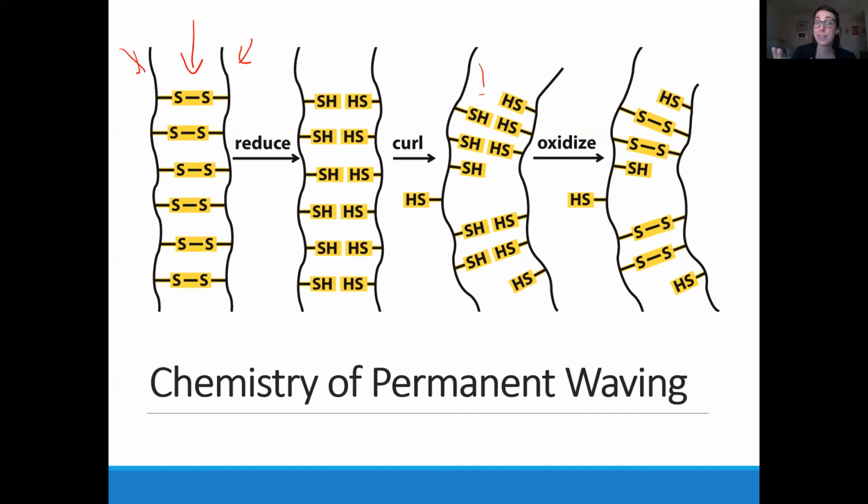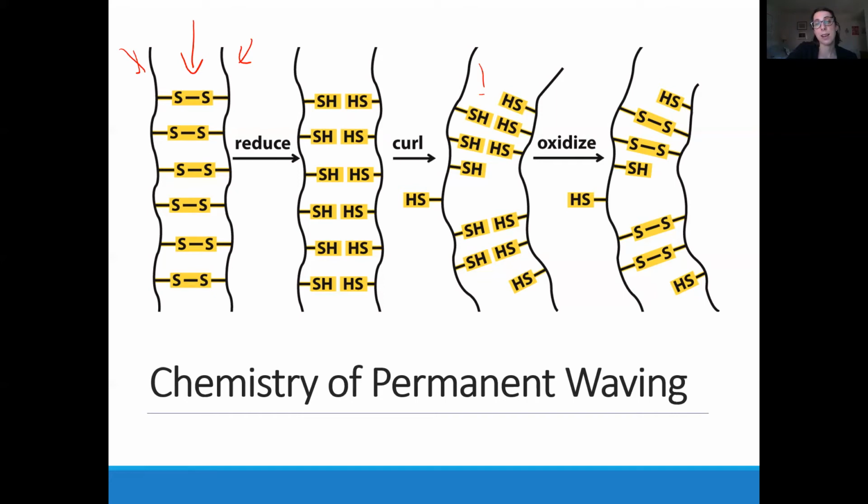And then lastly, we reoxidize them. So once they've now kind of mismatched with each other, they're not in this straight disulfide linkage, they've formed out of interaction between the alpha helixes.